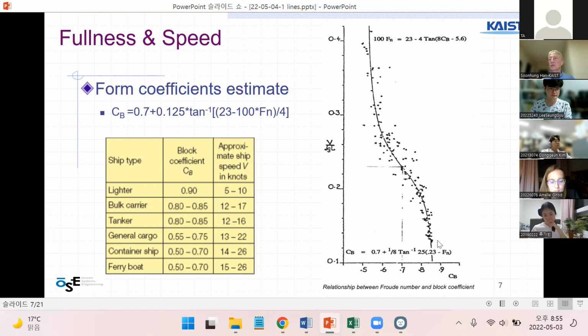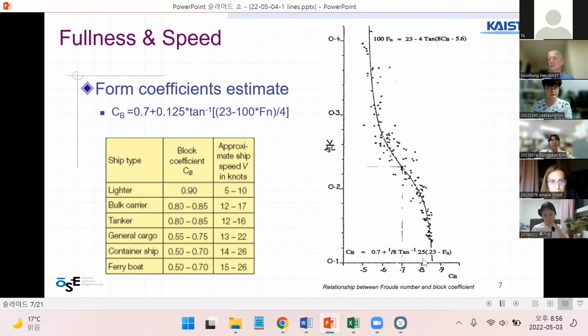So usually the ship designers collect many good ship lines and proportions. And then each point on this graph is a single ship. So here you may see that about 100 ships are collected and show you the spectrum of this distribution.